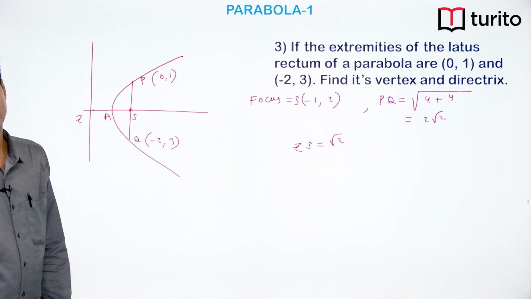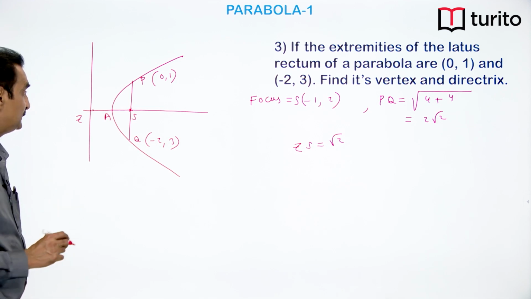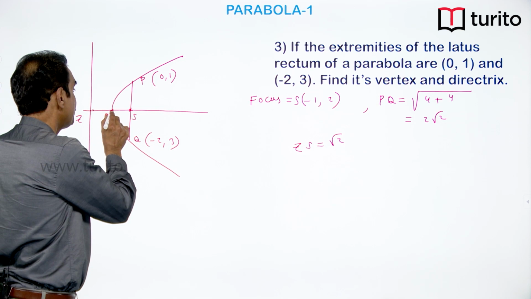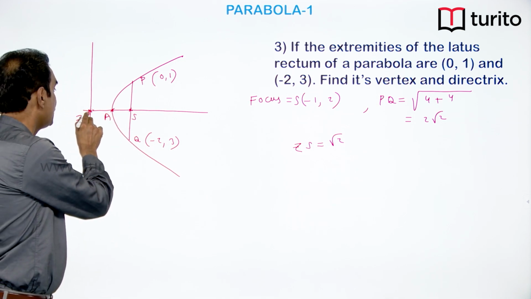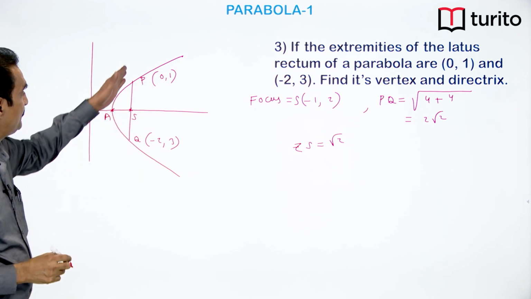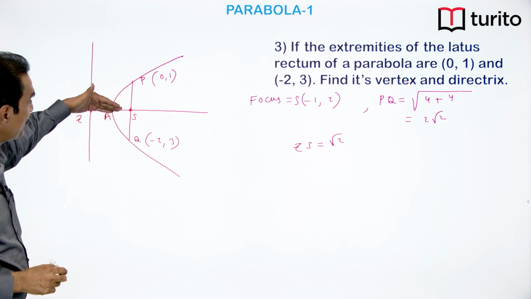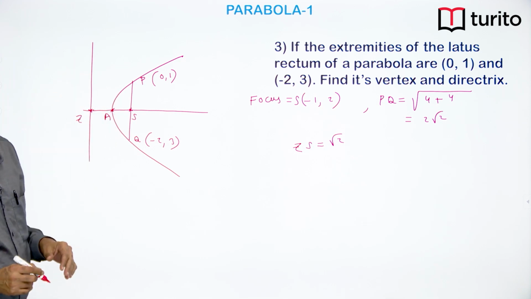How to find the coordinates of Z? What is the slope of PQ? PQ will be perpendicular to the axis, or PQ is parallel to the directrix.